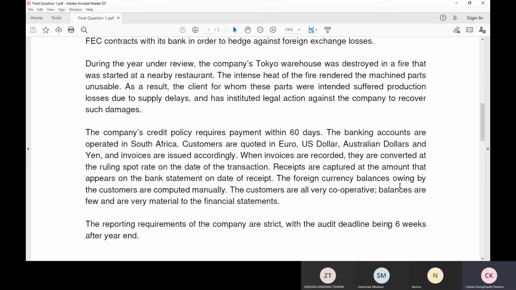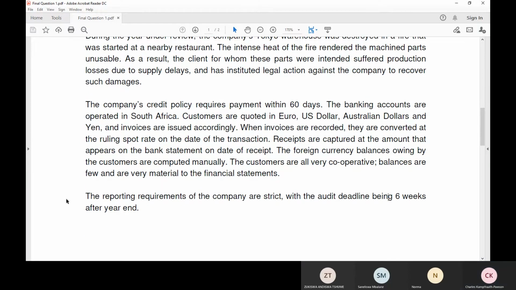Receipts are captured at the amount that appears on the bank statement on the date of receipt. The foreign currency balances owing by the customers are computed manually. The customers are all very cooperative. Balances are few and are very material to the financial statements. The reporting requirements of the company are strict, with the audit deadline being 6 weeks after year end. Another thing in the planning.